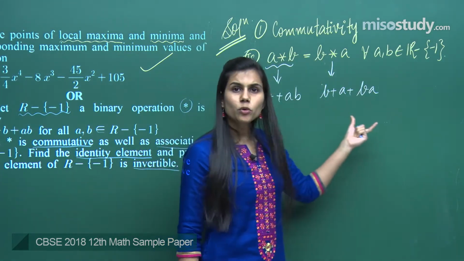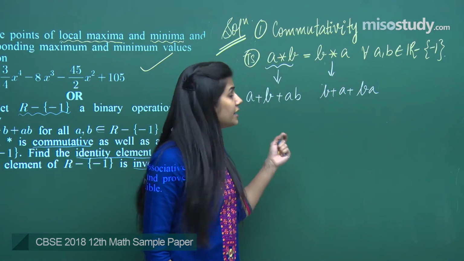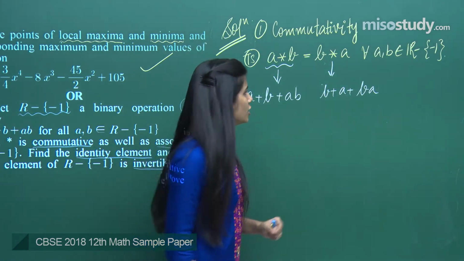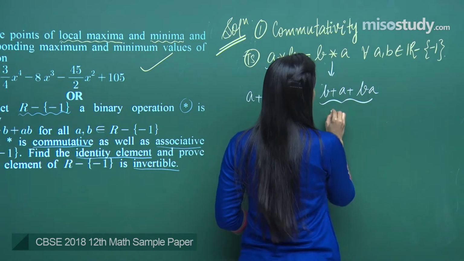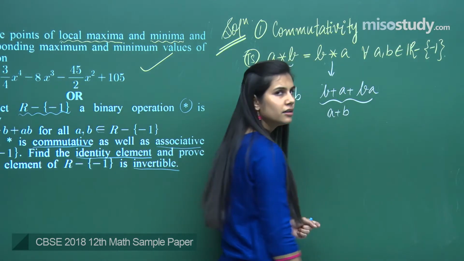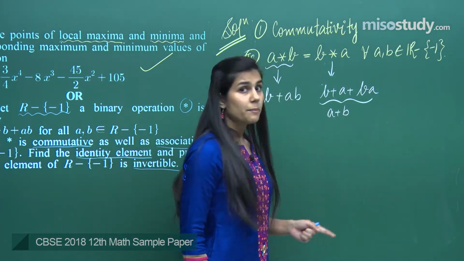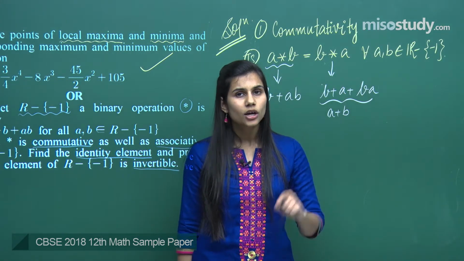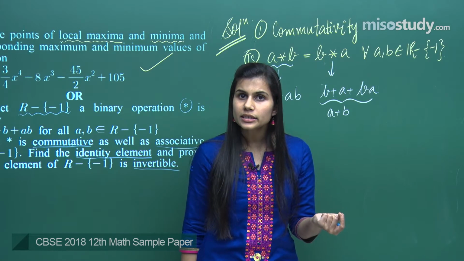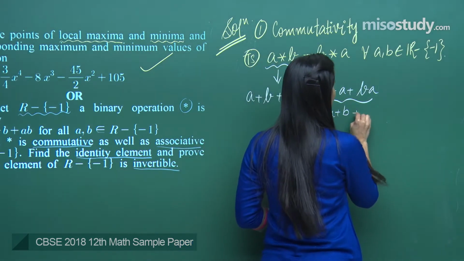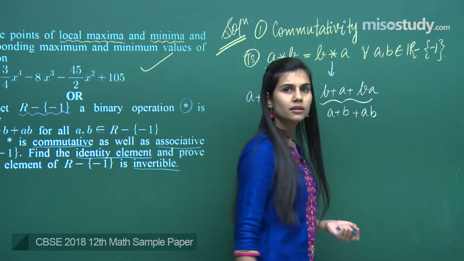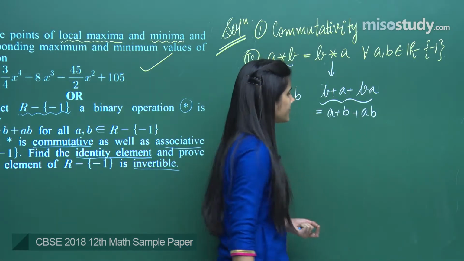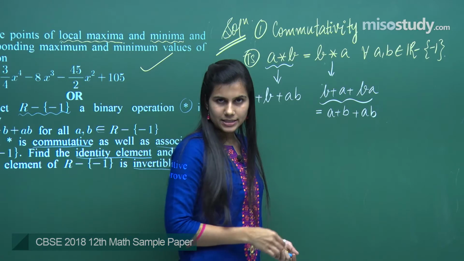Now are they unequal? Well, inside real numbers, addition is a commutative operation. So B plus A is same as A plus B, isn't it? And multiplication is also a commutative operation inside the collection of all reals. 2 into 3 is same as 3 into 2, isn't it? So B into A can be written as A into B. They are equal. That means B plus A plus BA is same as A plus B plus AB.